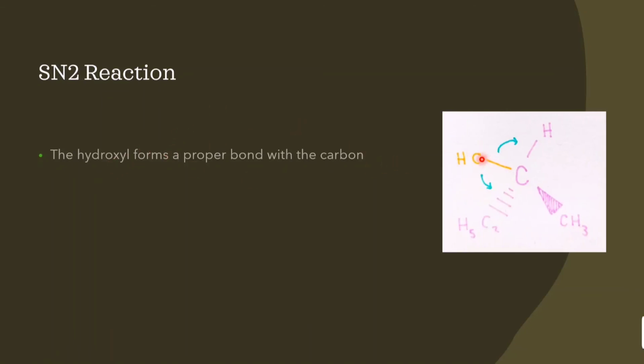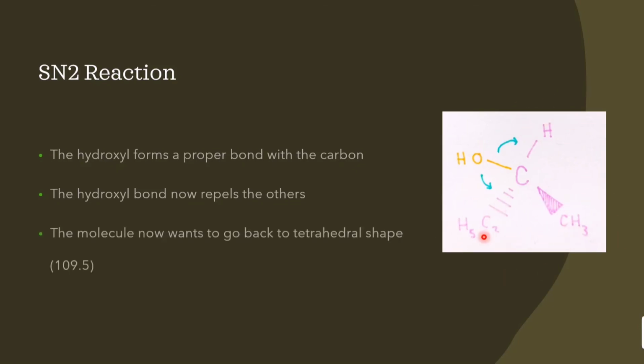So it's no longer a partial bond, it's no longer a dotted line, it's formed a full single covalent sigma bond. And now this hydroxyl bond has formed, it now repels the others. So it repels the hydrogen, the methyl, and the ethyl.